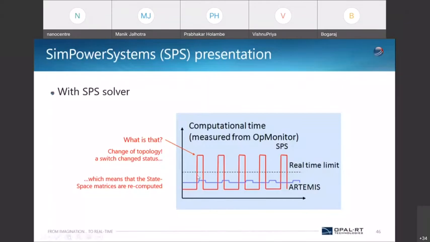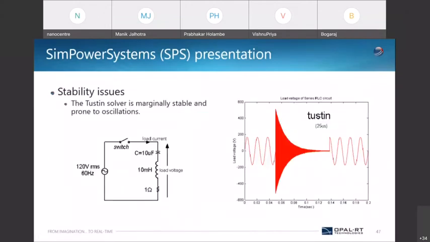This is the main problem we have working with the SPS solvers. The problem also comes with the solver it uses, which is a Tustin solver. If I close my switch and open my switch, at this particular instance at 0.05 we have opened our switch, and the opening of the switch has led to a transient, as we can see over here.